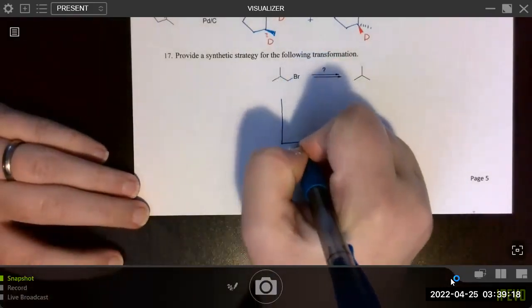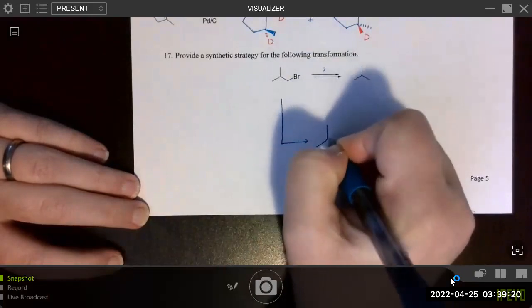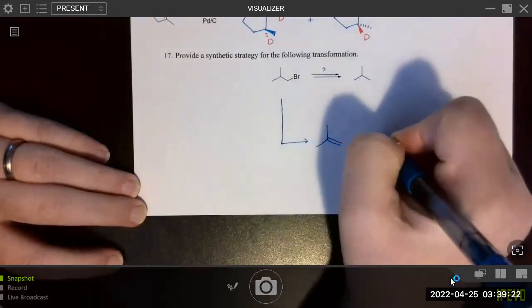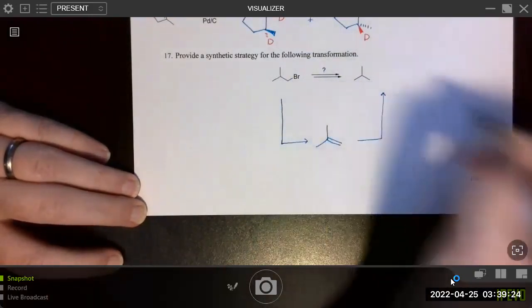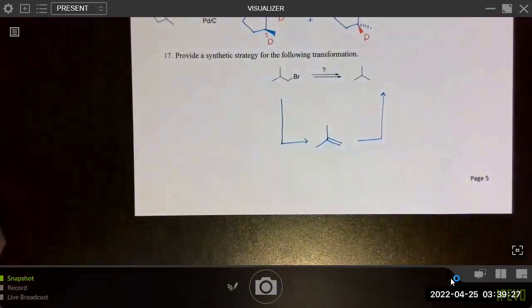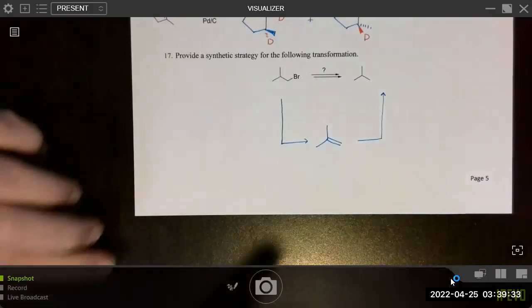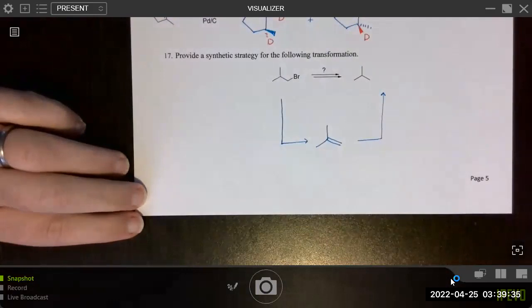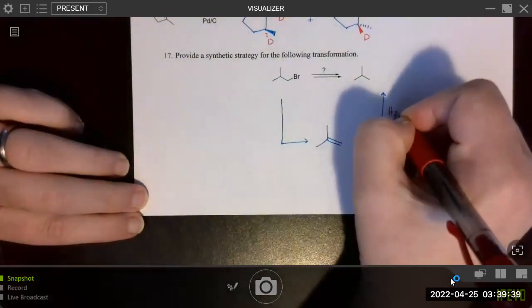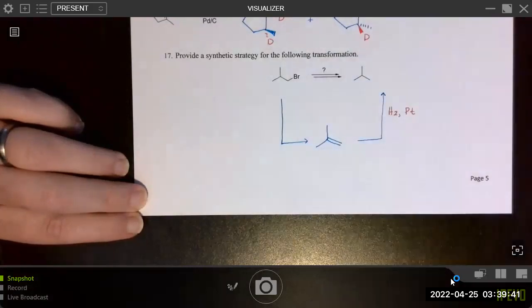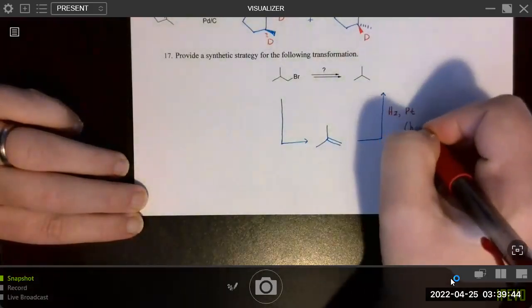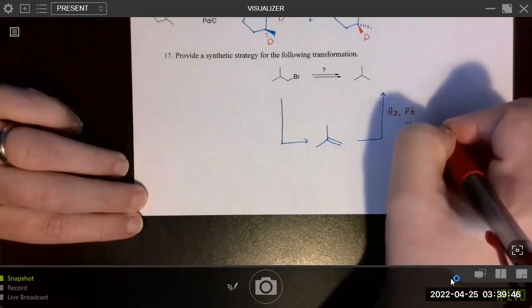So we could target an alkene as our key synthetic intermediate, which is not an intermediate in a mechanism, but an intermediate in a synthetic pathway. And then we could hydrogenate to remove that double bond. So H2 and either platinum or palladium catalyst will do a hydrogenation.